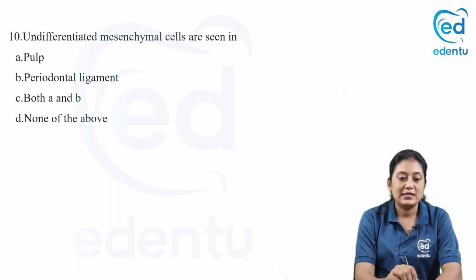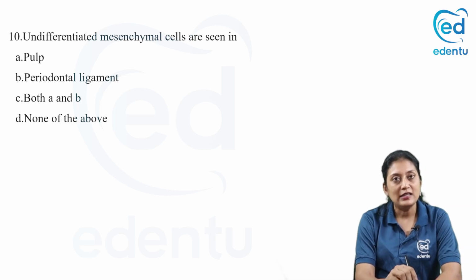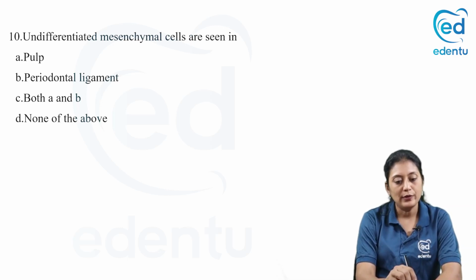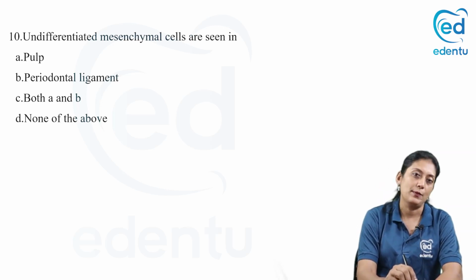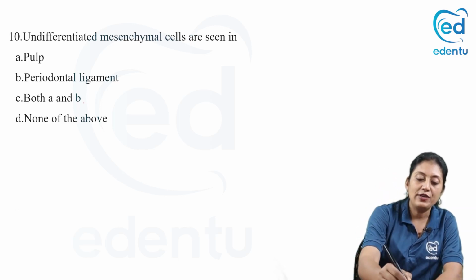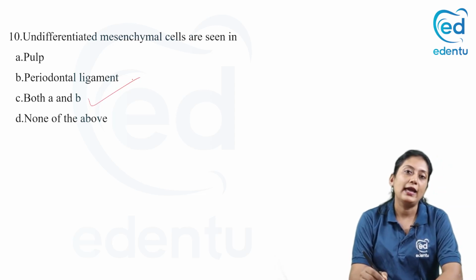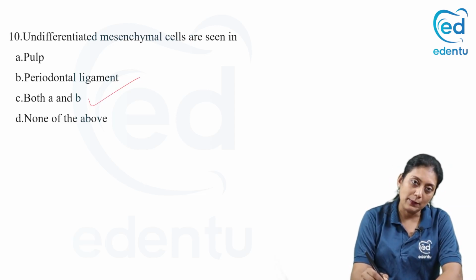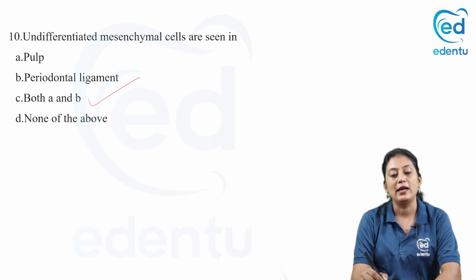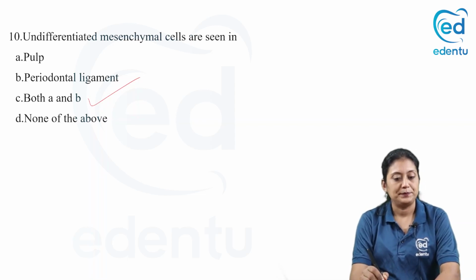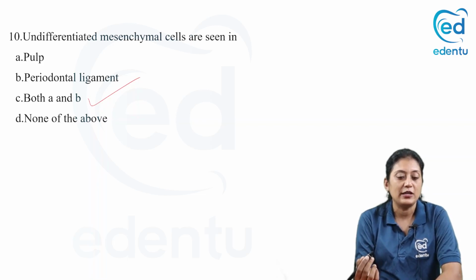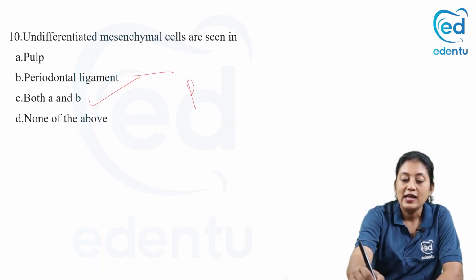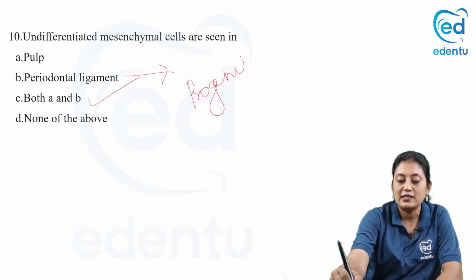Undifferentiated mesenchymal cells are seen in which tissue? Is it pulp, is it periodontal ligament, or both pulp and periodontal ligament? None of the above? So the answer is obviously C, both A and B. That is, you see it both in the pulp as well as the periodontal ligament. Now, in case of periodontal ligament, you might not see the word undifferentiated mesenchymal cell, but instead they will use the word progenitor cells.